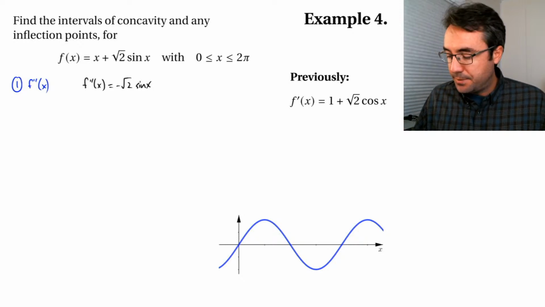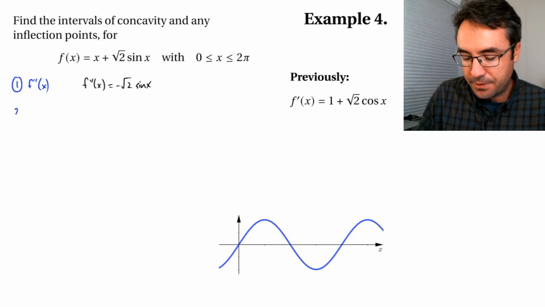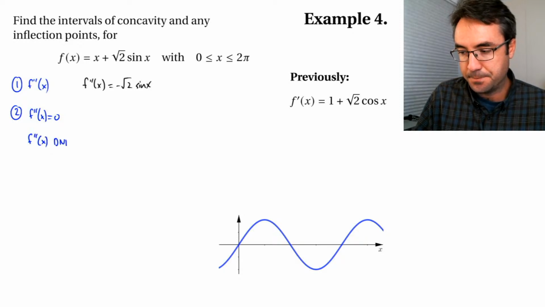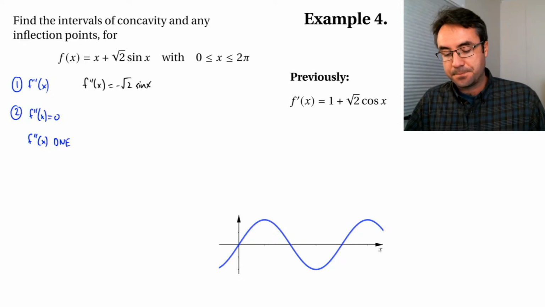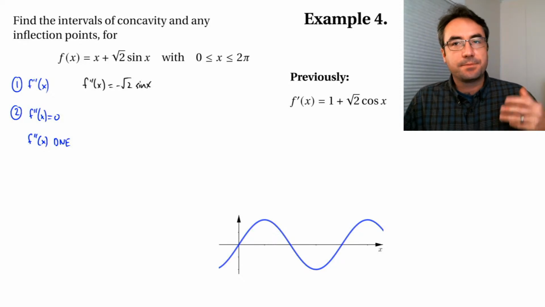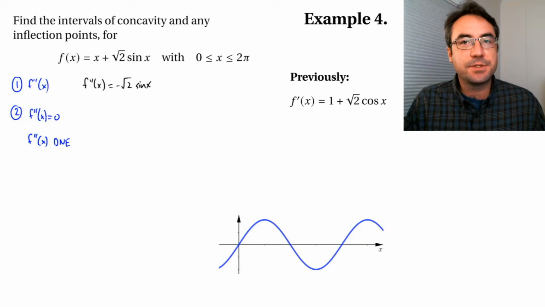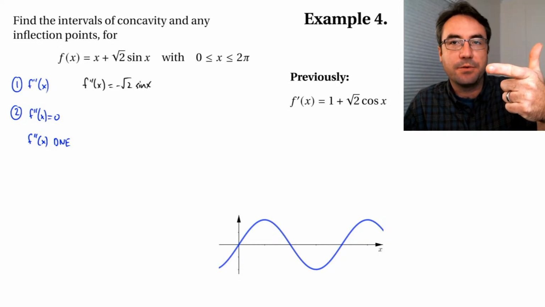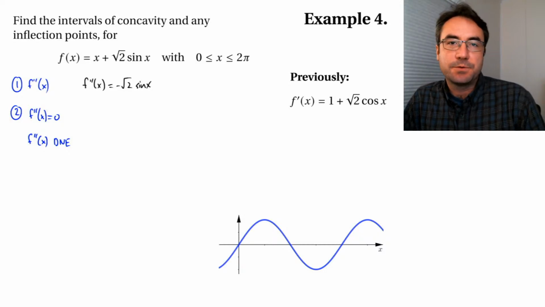Now the next step, once we have our derivative, is to look at where the second derivative is 0 and where it is undefined. That's the standard steps here. Find the derivative, then figure out where the derivative is 0 or undefined. Same goes for increase, decrease.